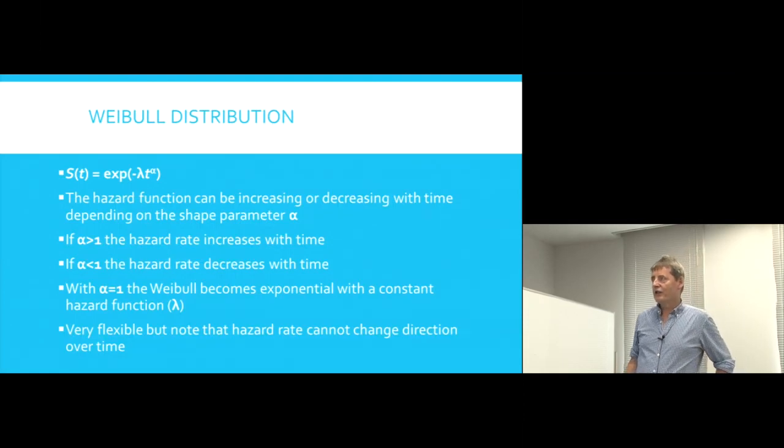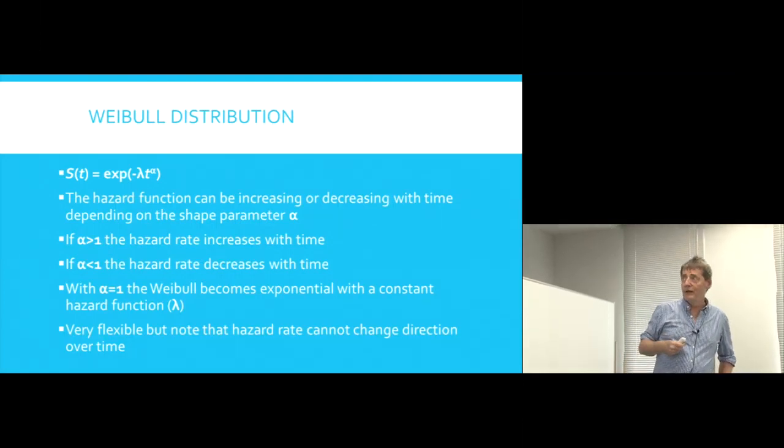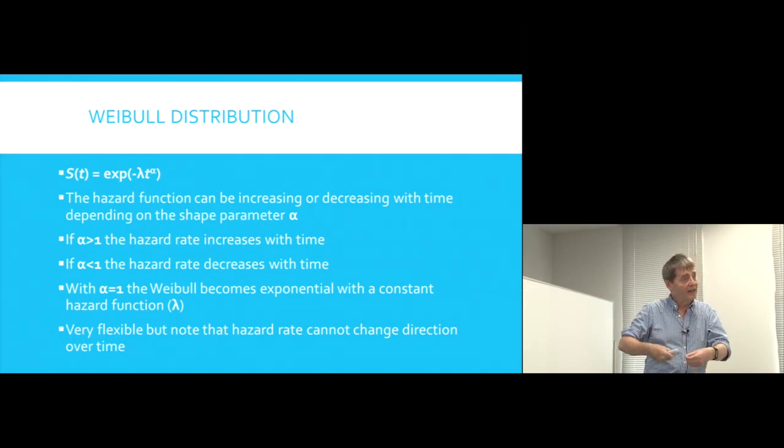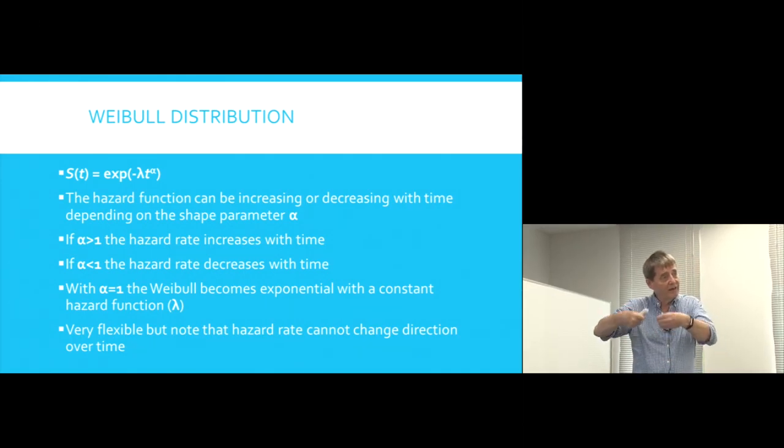So the hazard function with the Weibull can be increasing or decreasing with time, depending on this parameter alpha. If alpha is greater than 1, the hazard rate increases with time. In other words, the proportion of the group who are dying is rising in succeeding time periods.